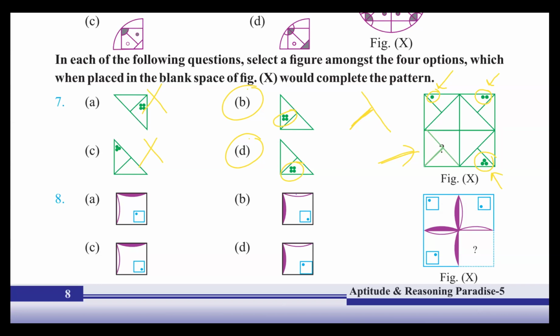Now what should be the position? Let us say this is the first part of the figure and this is the second part. In both these parts, the dots are both on the inner side of the shape, isn't it? Yes, Sanaya, your answer for the A part is also correct.